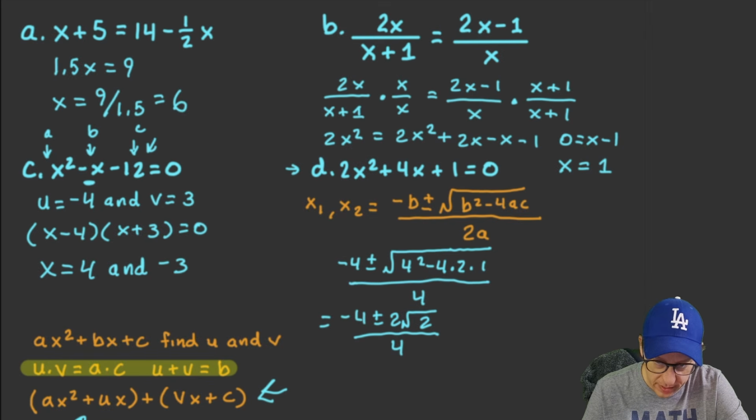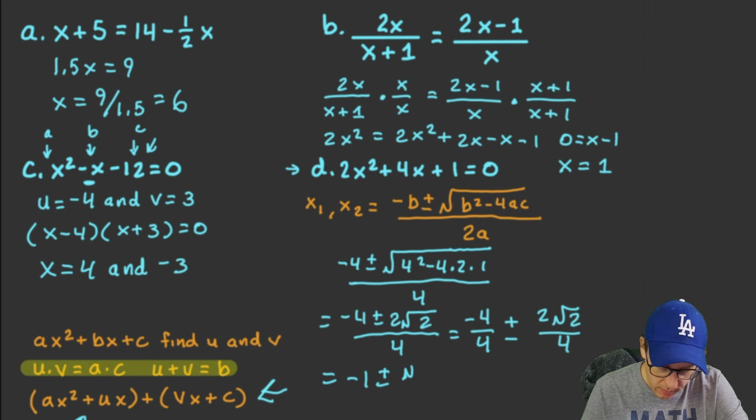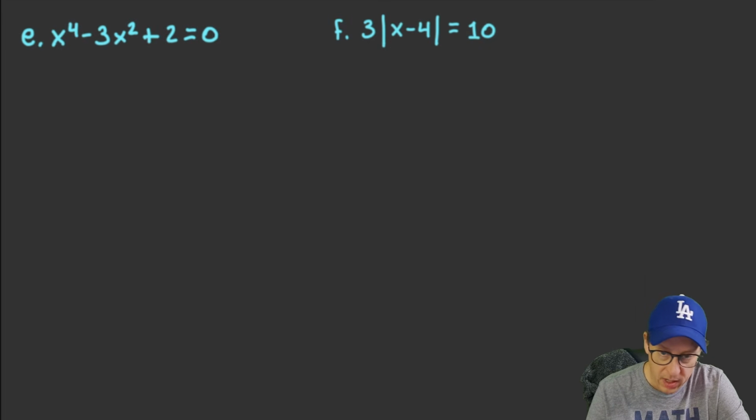I'm just simplifying this a little bit, which is equal to -4 over 4 plus or minus 2 square root of 2 over 4, which is equal to -1 plus or minus square root of 2 over 2, which is equal to -1 plus or minus 1/2 square root of 2. All right, next problem.